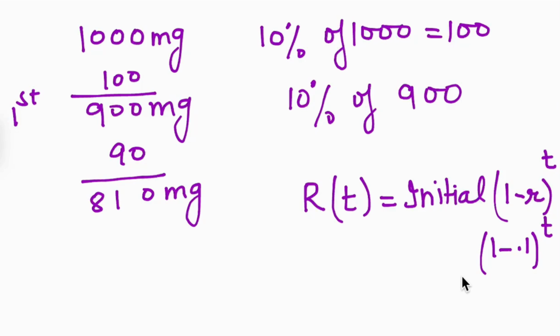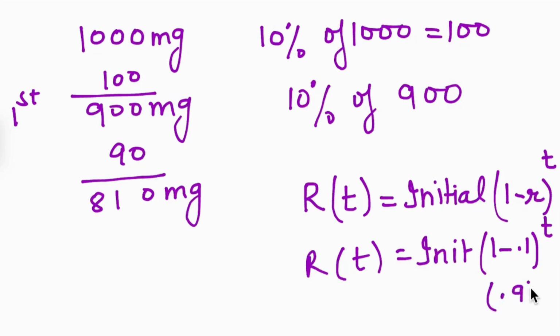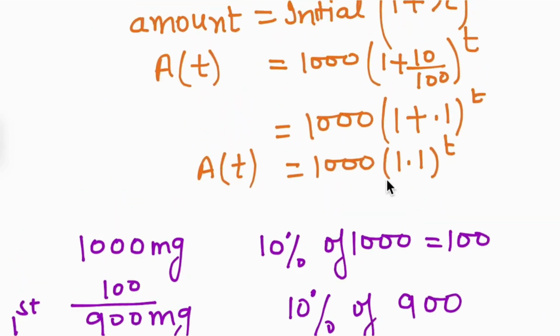I am subtracting something from 1, however small the number, but definitely it will be less than 1. So here it is the initial amount, and this number is less than 1. That is the most important point here. If it is a decay or a decrease, this number will be less than 1. If it is an increase, this number will be greater than 1.